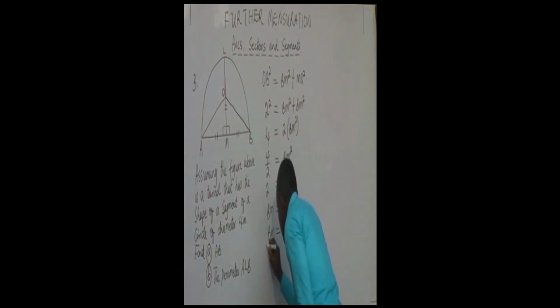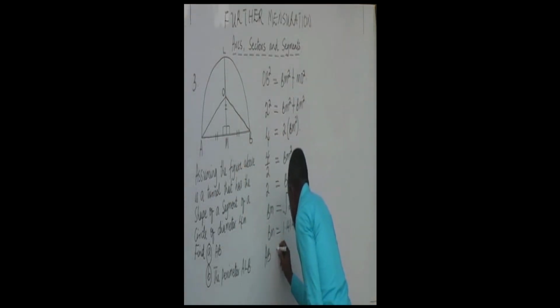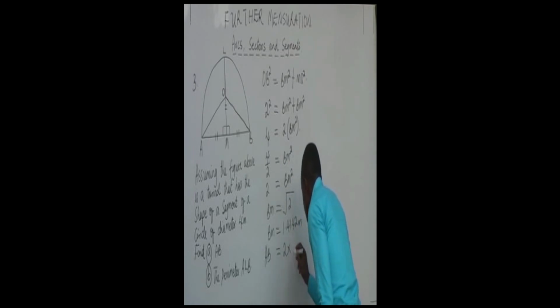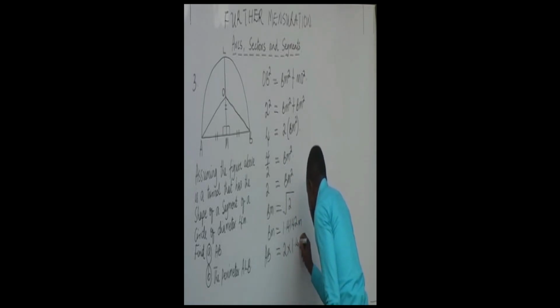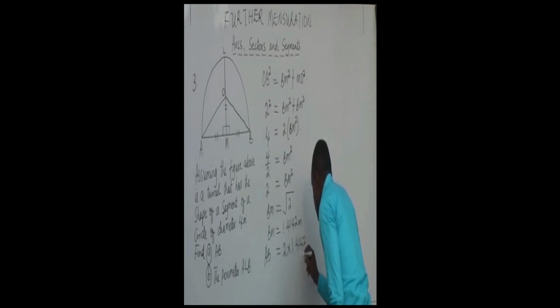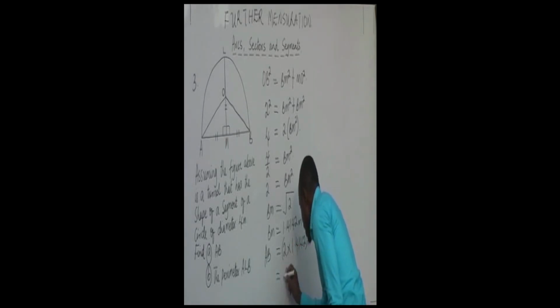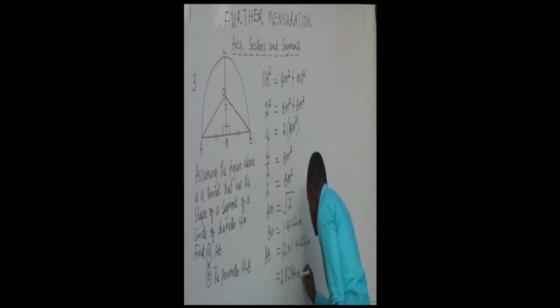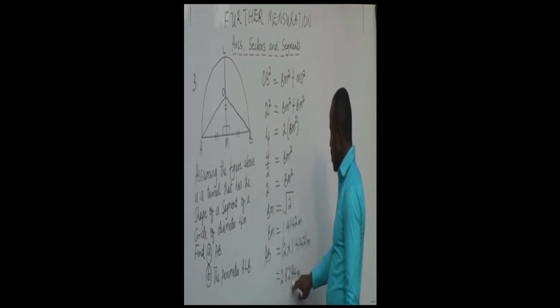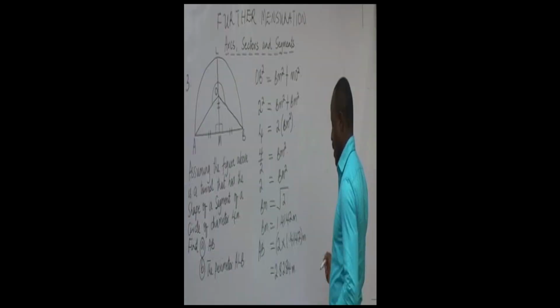So our AB will be equal to 2 times 1.4142 meters. 2 times 2 is 4, 2 times 4 is 8, 2 times 1 is 2, 2 times 4 is 8, 2 times 1 is 2. So it's giving us 2.8284 meters.